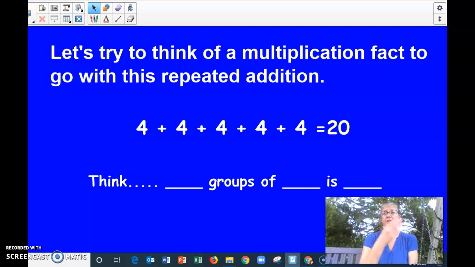The number of 5s that I wrote down was 3, and I had 3 groups. So for each one of these 4s, that is a group. There's a group. There's another group. Another one. And there's another group. So I have a total of 1, 2, 3, 4, 5 groups.